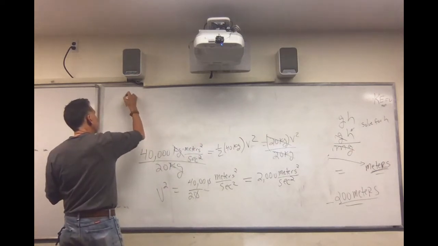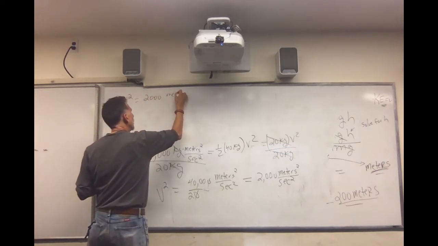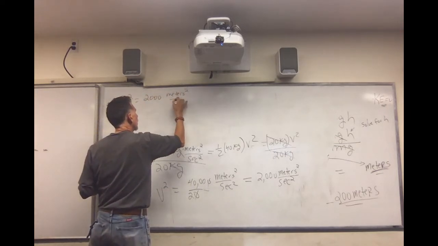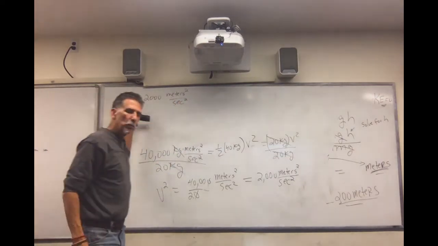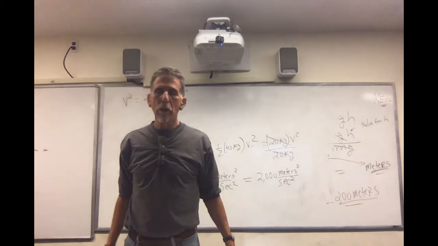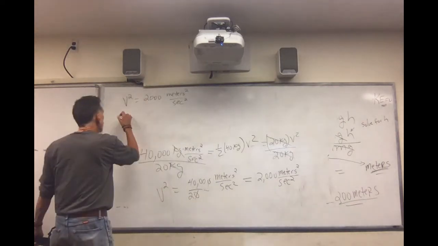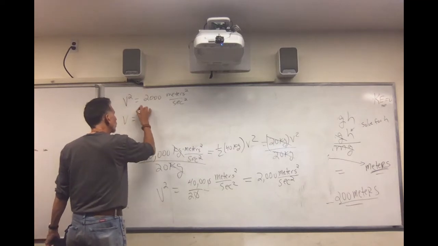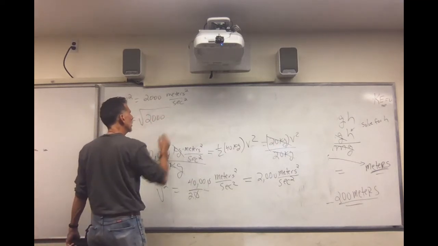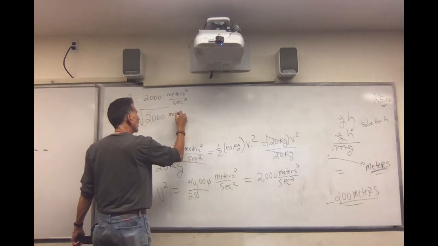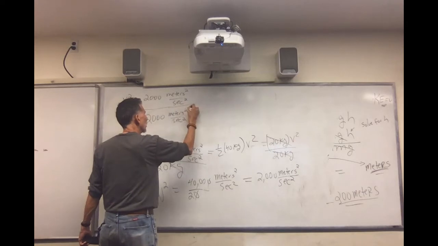Here's what we have. V squared is 2,000 meters squared per second squared. How do we solve for V? You remember? What we need to do is take the square root of both sides. So V is equal to the square root of 2,000 meters squared per second squared.